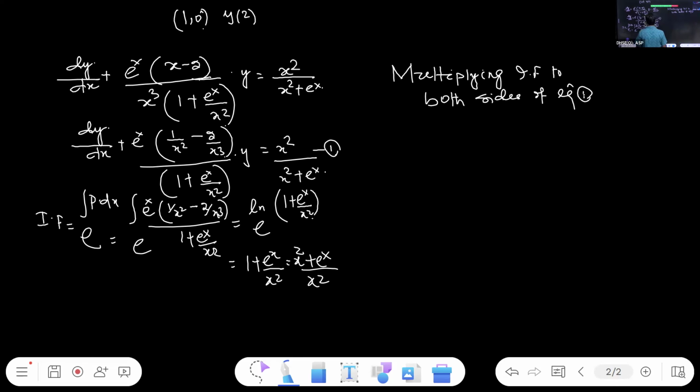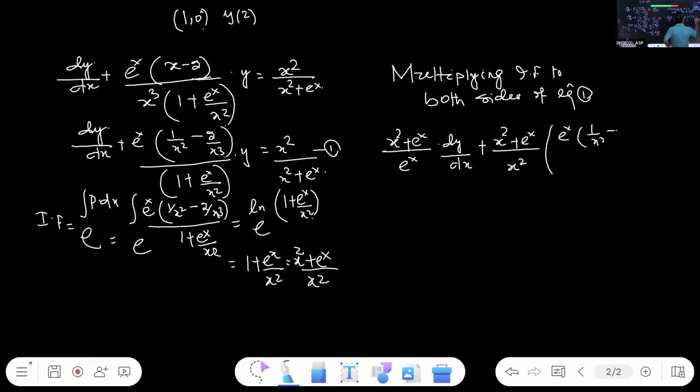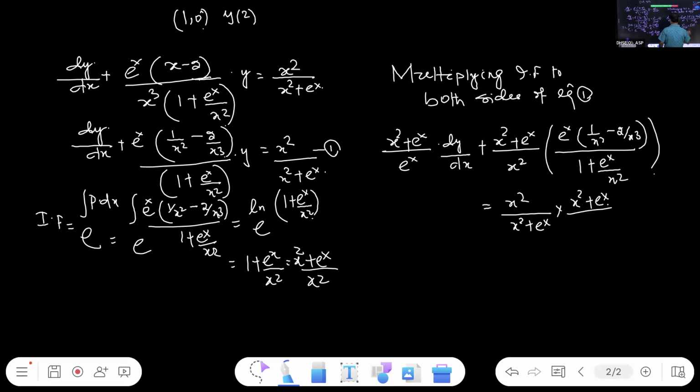Multiplying IF to both sides of equation 1, the equation will be dy, x square plus e raised to the power x upon e raised to the power x into dy upon dx plus e raised to the power x plus x square plus e raised to the power x upon x square into e raised to the power x into 1 by x square minus 2 by x cube, divided by 1 plus e raised to the power x upon x square, is equal to x square upon x square plus e raised to the power x into x square plus e raised to the power x upon x square.